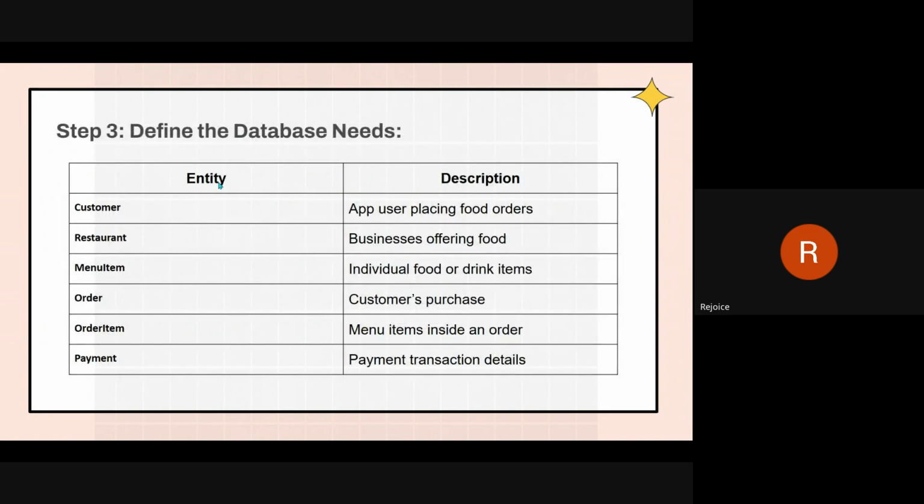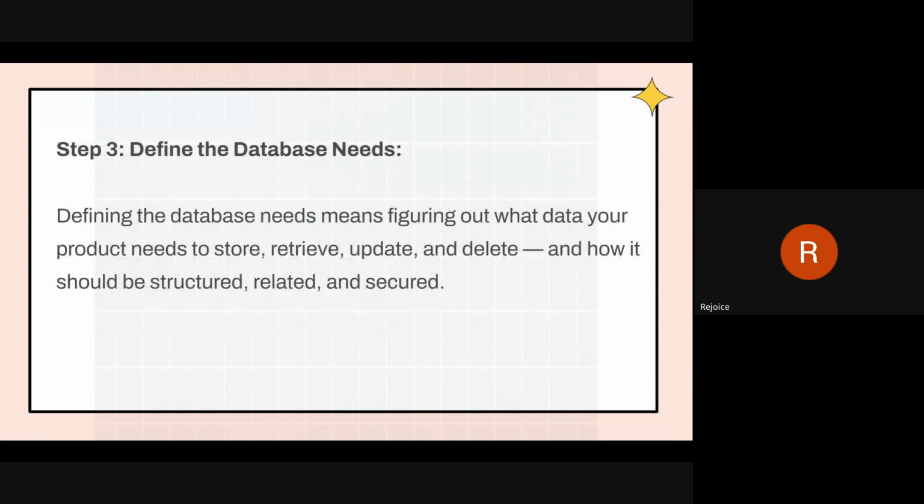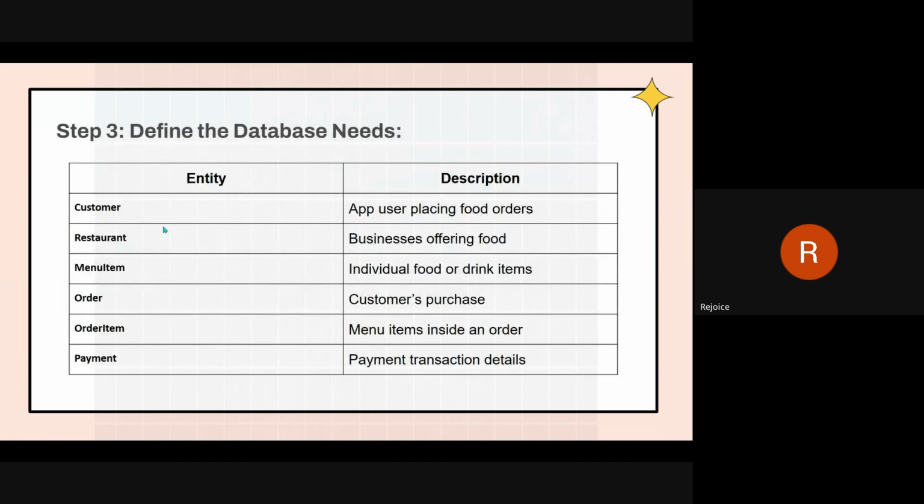So you want to group them into entities. From your use case, which is our user, which is going to have information that will be stored, the entities are the customer, the restaurant, menu item, order, order items, and payments, right? The customer is the one facing food orders, the restaurant is the business offering food, menu items are the drinks and whatnot.